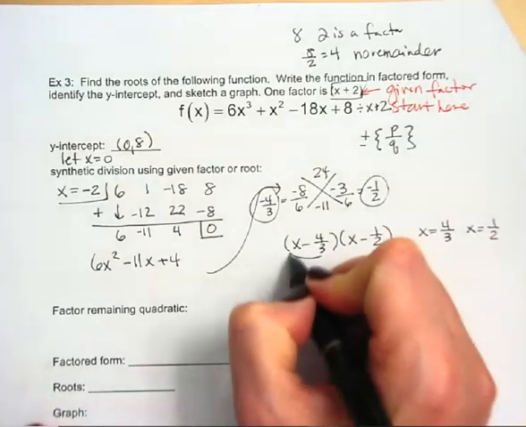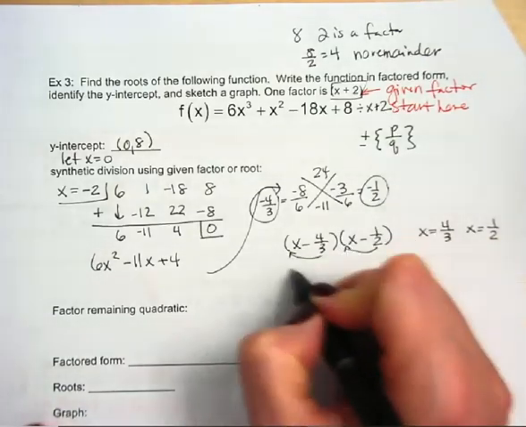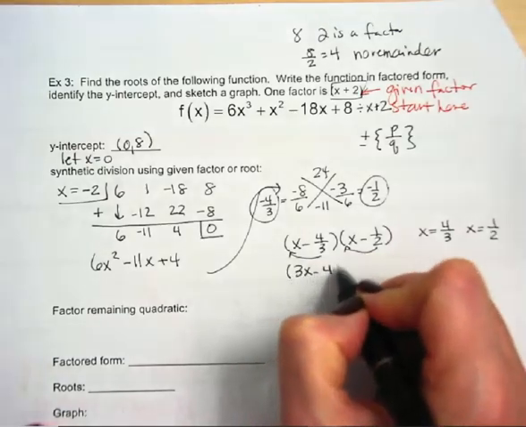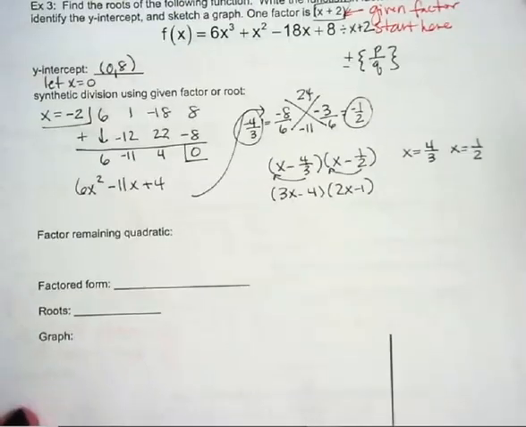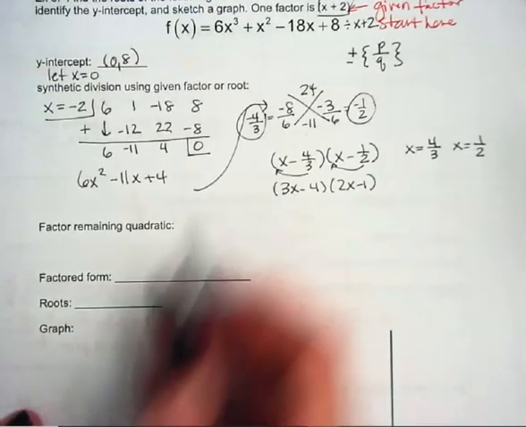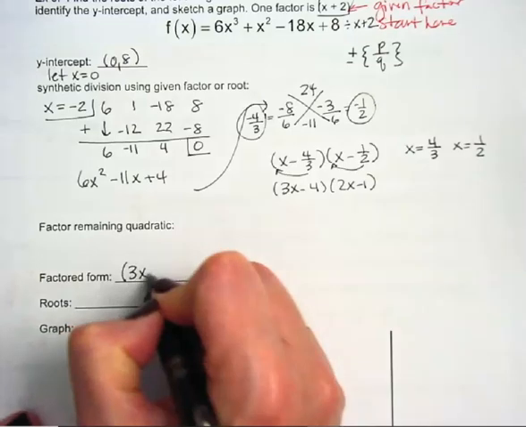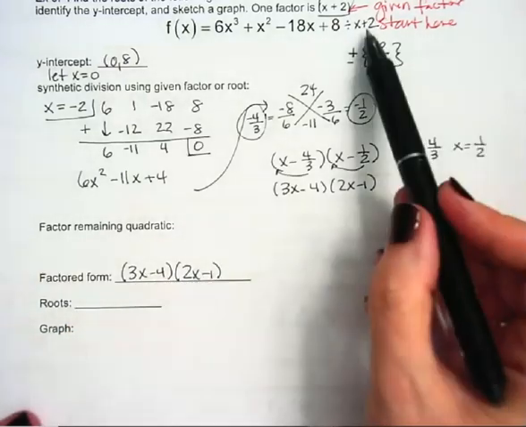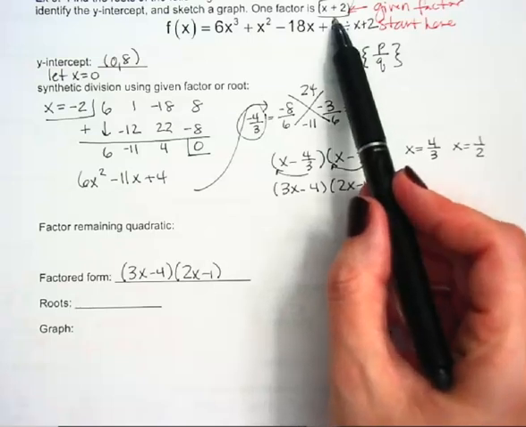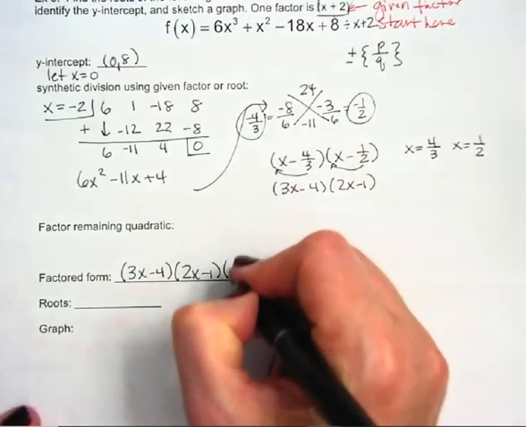But we do want to swing this up for our proper factored form. So my final factored form is 3x minus 4 times 2x minus 1 times the original factor that the problem gave me, x plus 2.